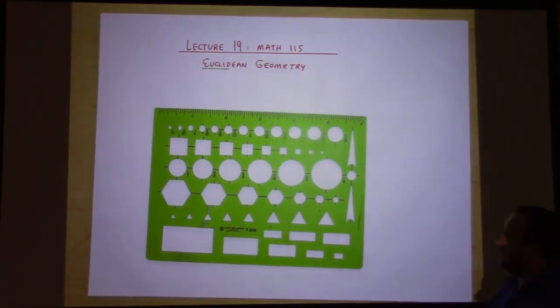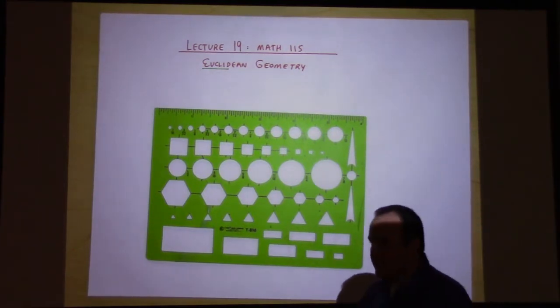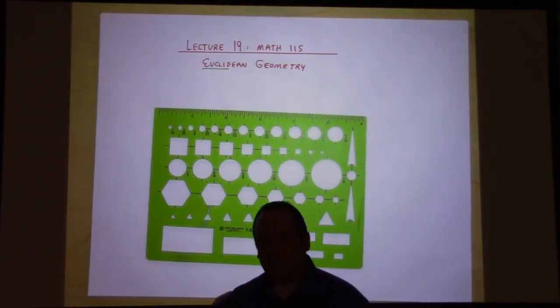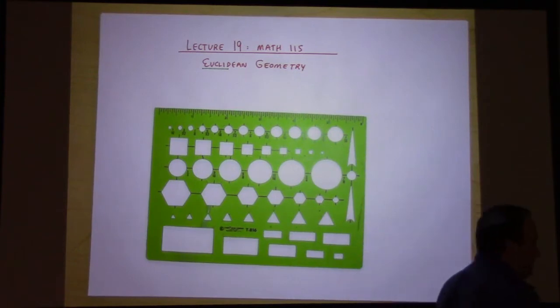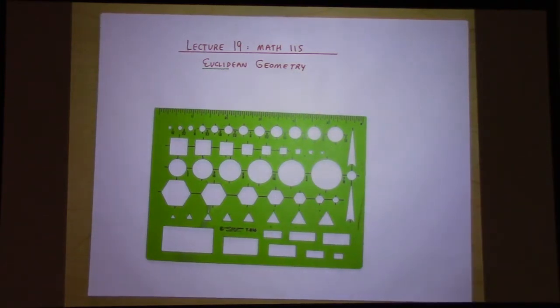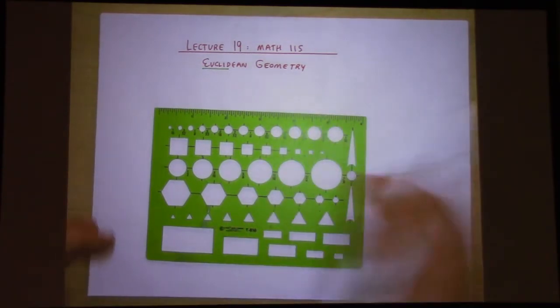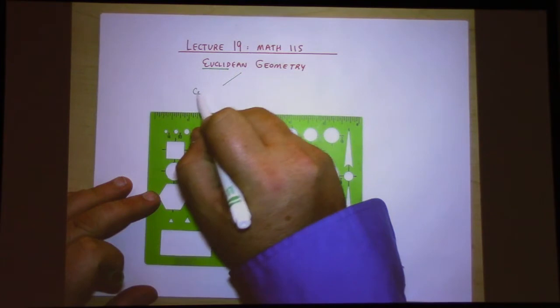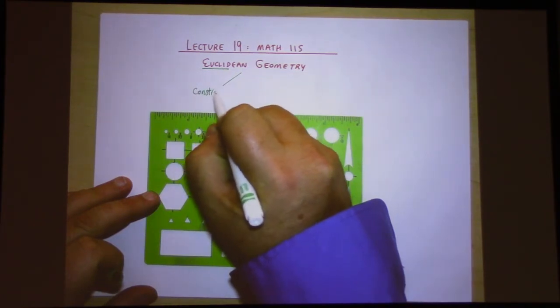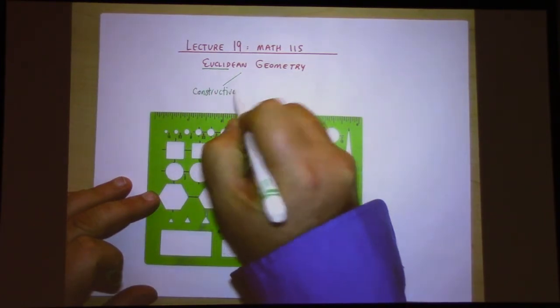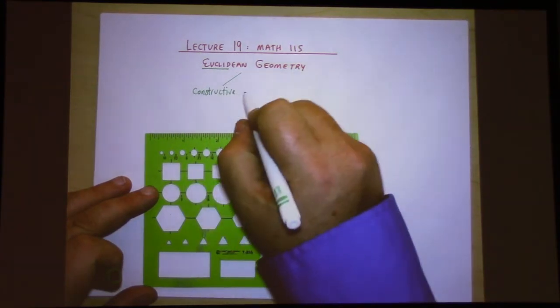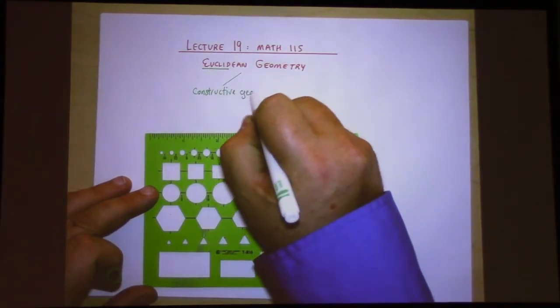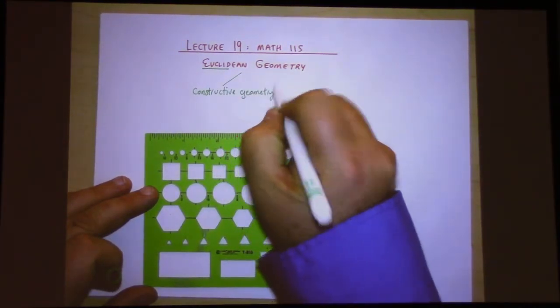So the true heart of Euclidean geometry is what's called constructive geometry. So Euclid's geometry, there's sort of two different kinds, all right? There's what I would call constructive geometry. So this constructive geometry is, like it sounds, based on construction.